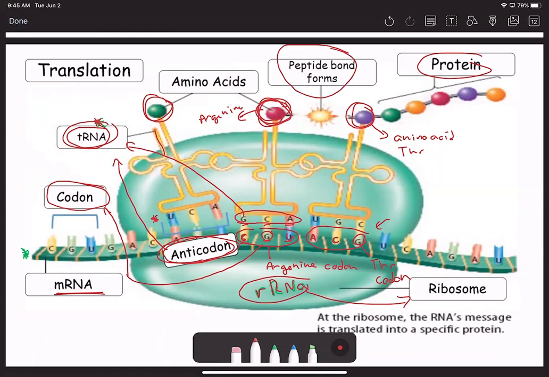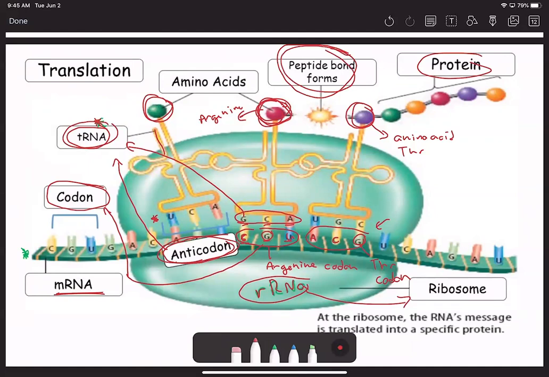It works like scaffolding. Bricklayers have a scaffolding that keeps everything steady while they build the brick wall. Ribosomal RNA works the same way. It keeps the transfer RNA and messenger RNA in place until we can form that peptide bond.